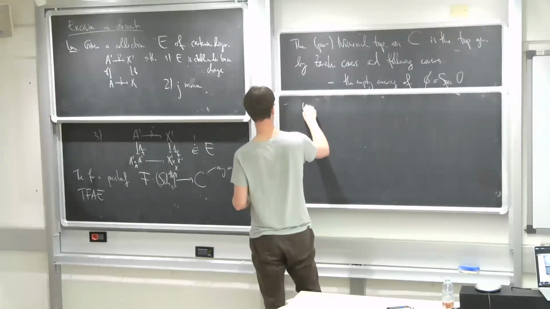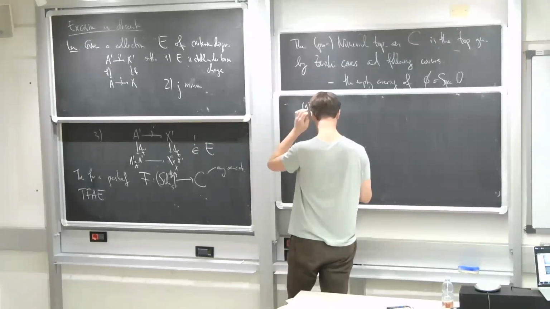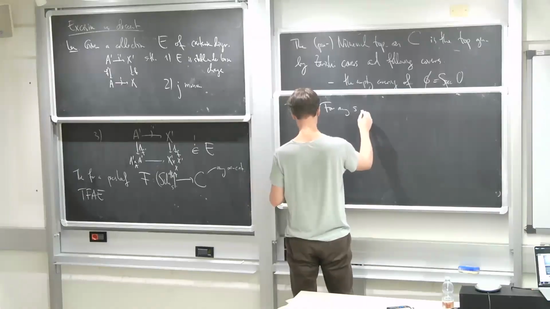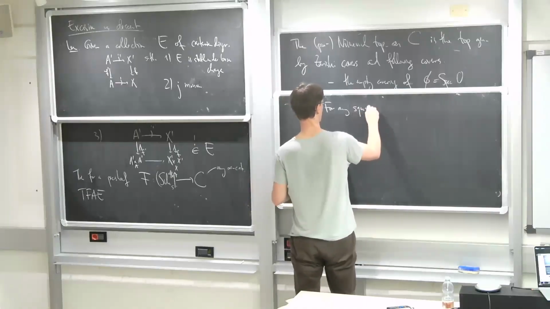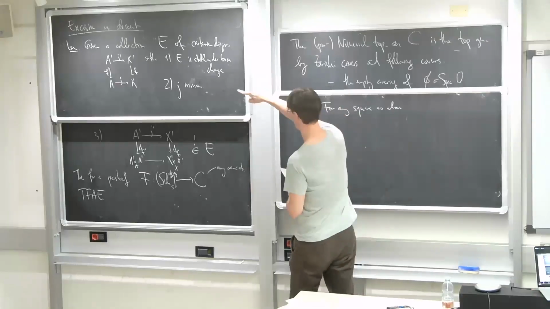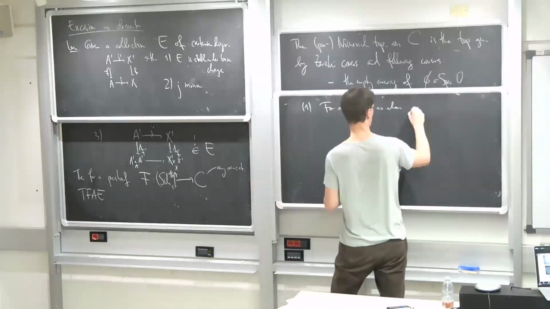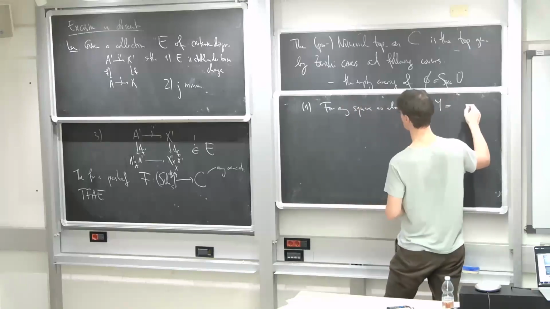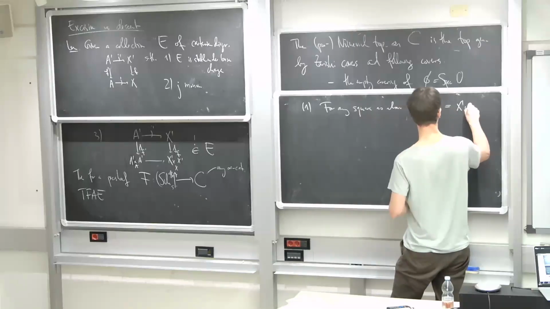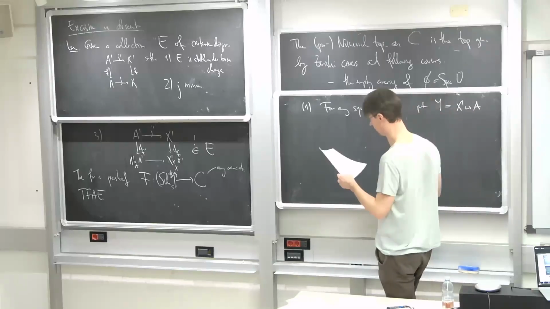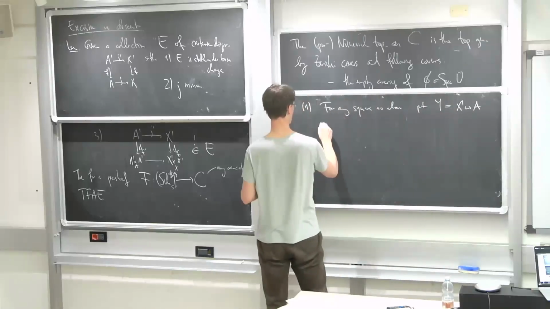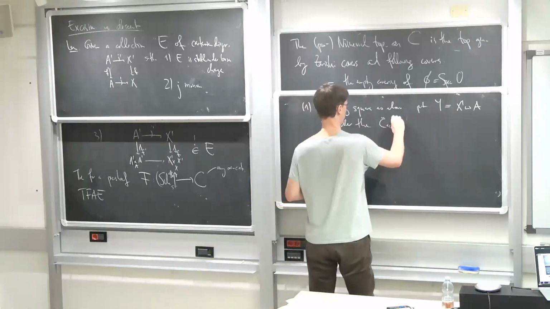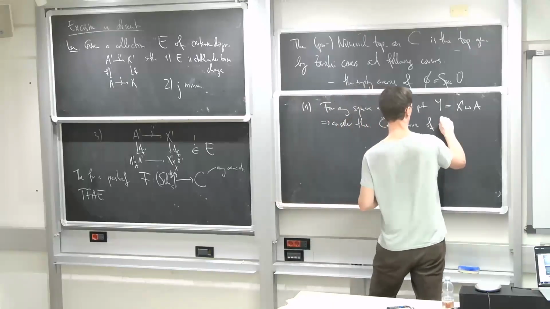So an equivalent condition: for any square that's above, for any such square, we can put Y to be X plus X prime plus A. All right, and then we consider the Cech nerve of this Y mapping to X, right?